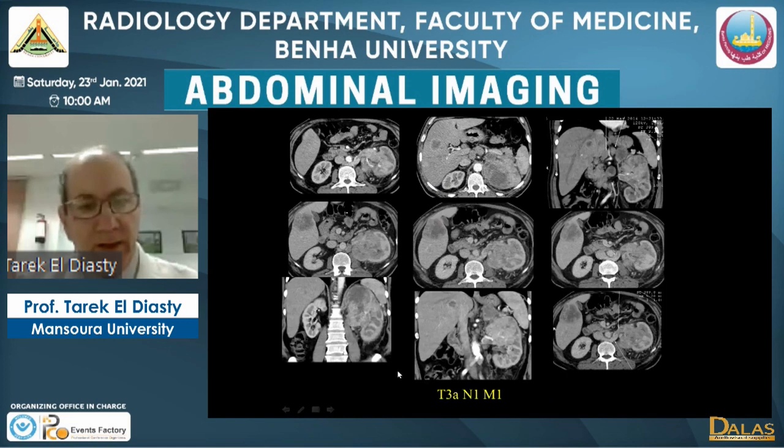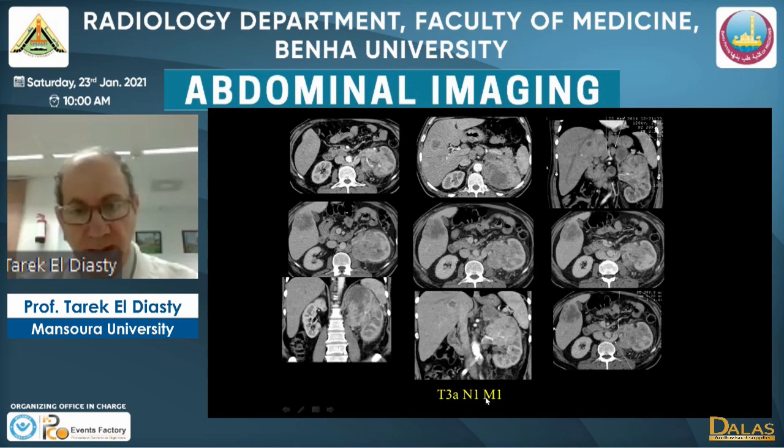So if I ask, if there is no hepatic or other distant metastasis, what is the stage of this case? Some can say it will be T3A, N1, M0. But in this situation, without the hepatic metastasis, it will also be metastatic.